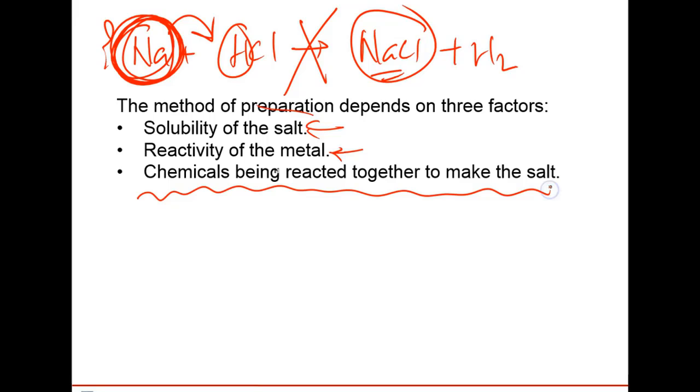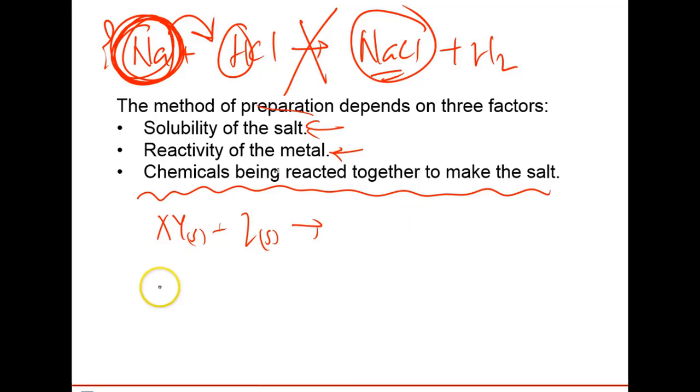And last but not least, it depends on the chemicals being reacted together, because you can't use a solid with a solid. Nothing will happen. You also cannot use reagents which will interfere with the collection of the product.